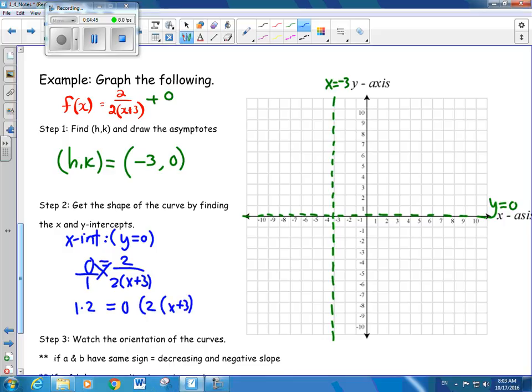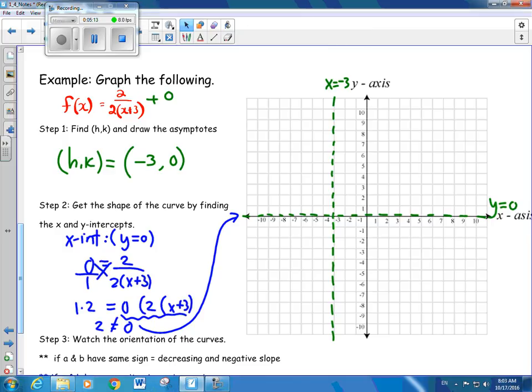On the right hand side, this is all going to cancel, 0 times whatever. And then you get 1 times 2, which is 2, is equal to 0. Does it make sense? Can we have 2 is equal to 0? Of course not. I did it on purpose because I wanted you to realize, is there an x-intercept? No, that's our asymptote, right?